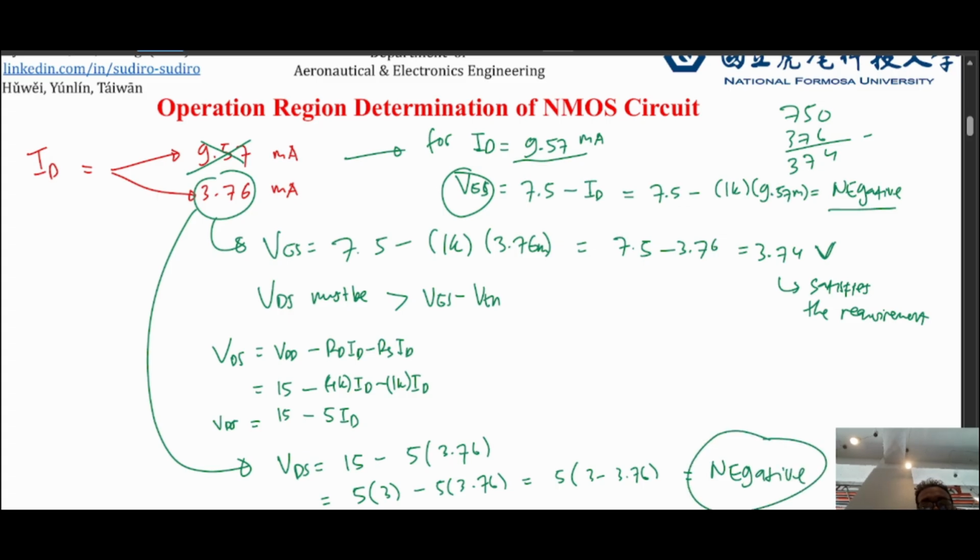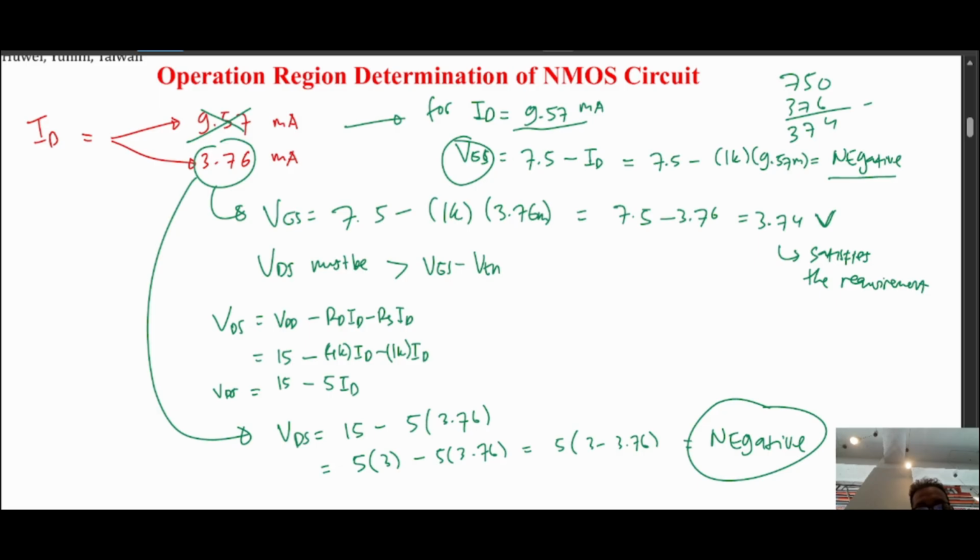So although the VGS satisfies the requirement of the saturation region, the VDS violates it.